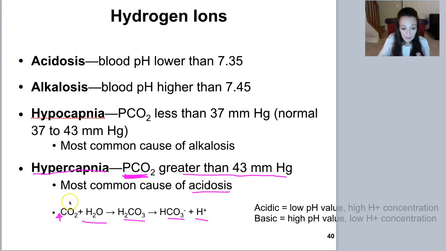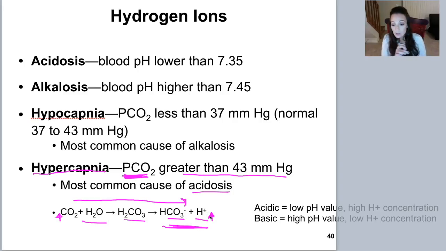To do that, this equation will shift to the right, pushing some of that CO2 over to this side, causing the number of our hydrogen ions to increase, causing an increase in our hydrogen ion concentration. So because we have a high hydrogen ion concentration, our pH value will get lower. Maybe our pH will drop below 7.35 and we will generate an acidic condition in the body.